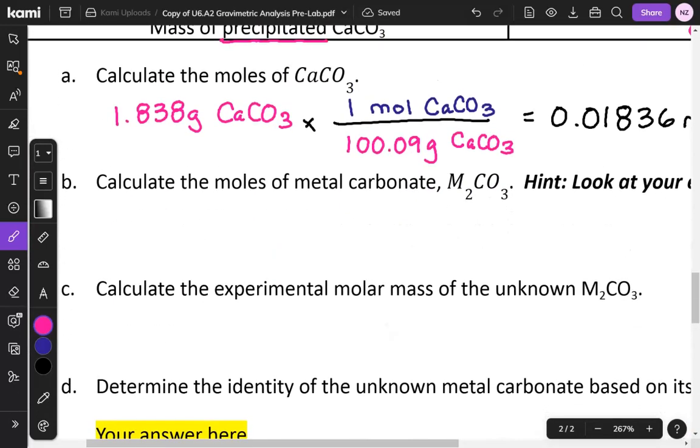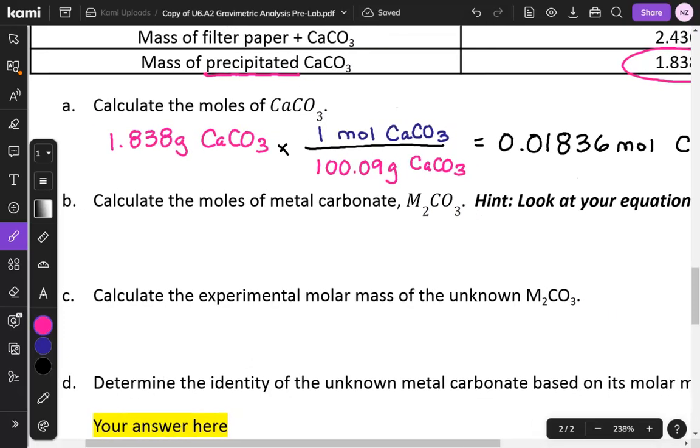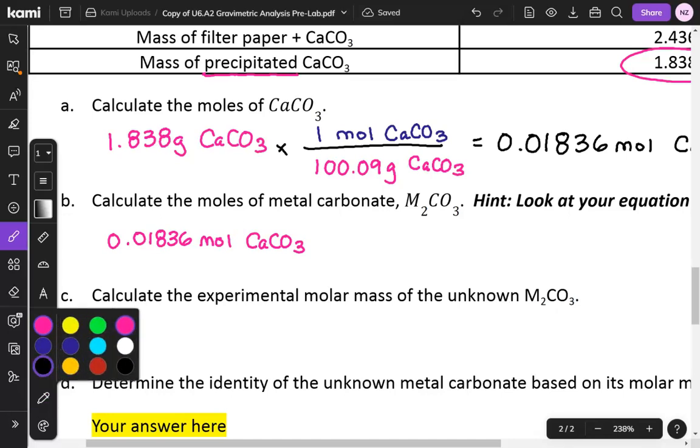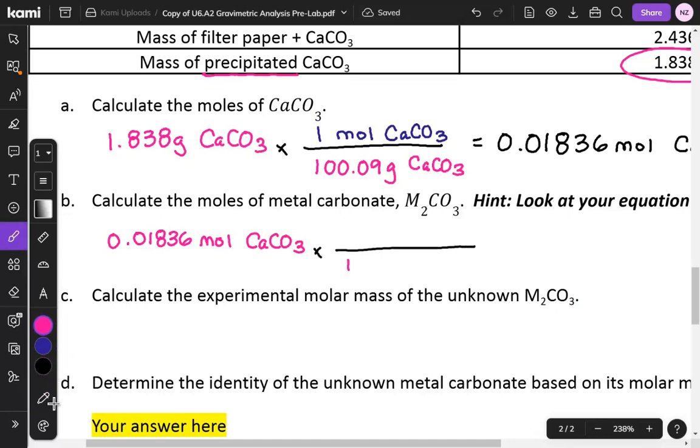So we're going to use what's called a mole ratio here to convert. So we start with our given, which is 0.01836. We start with the number of moles of our calcium carbonate that we have. And for every 1 mole of calcium carbonate, we have 1 mole of our metal.